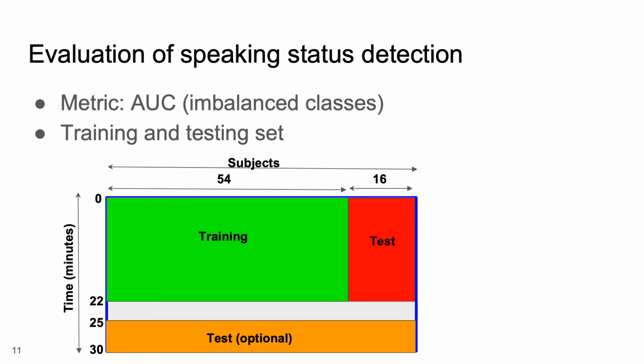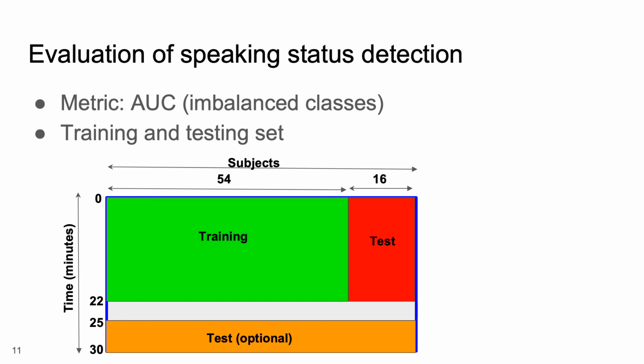The evaluation was done using the area under the ROC curve, because this is robust to imbalanced classes, which we have to some extent. And then this picture shows how the dataset was divided into training and test sets. As shown, the division was done at the subject level, so the total of 70 subjects was divided into 54 subjects used for training and 16 used for testing.